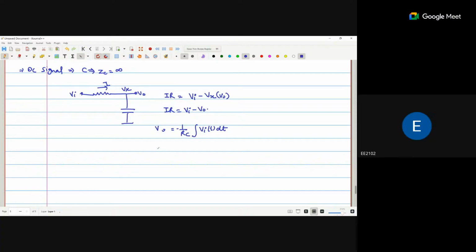So Vx is the voltage across the resistor, so Vx is nothing but Vi plus 1 by RC integration of Vi dt. Why plus? Because this minus and this minus become plus.